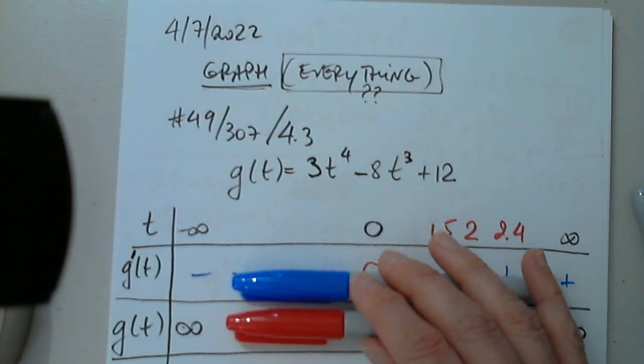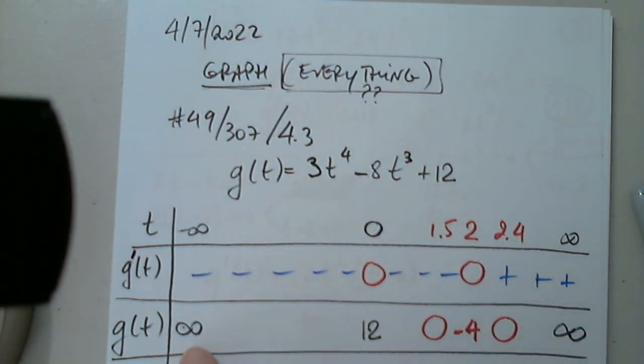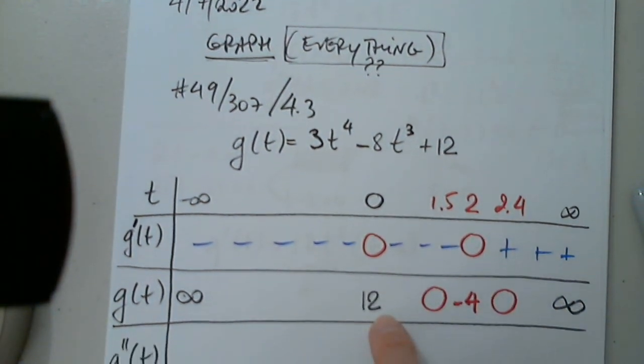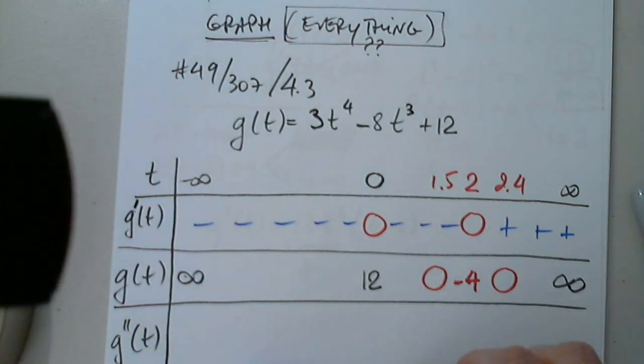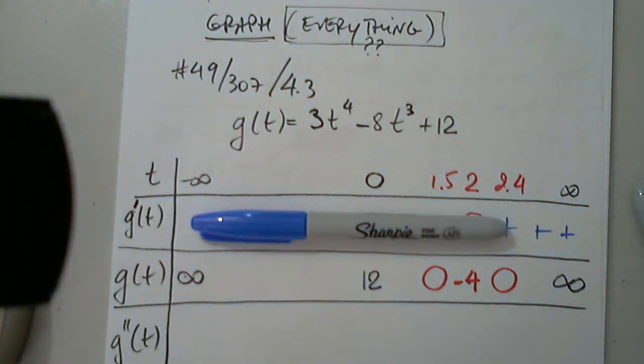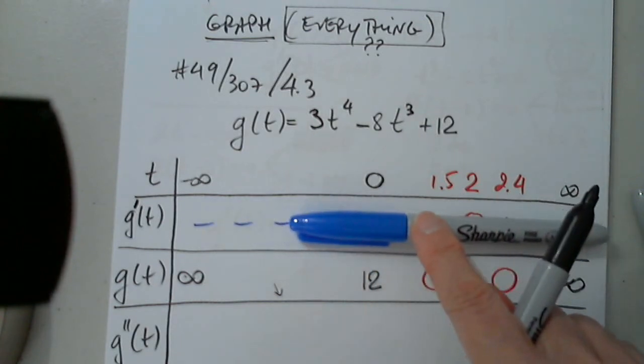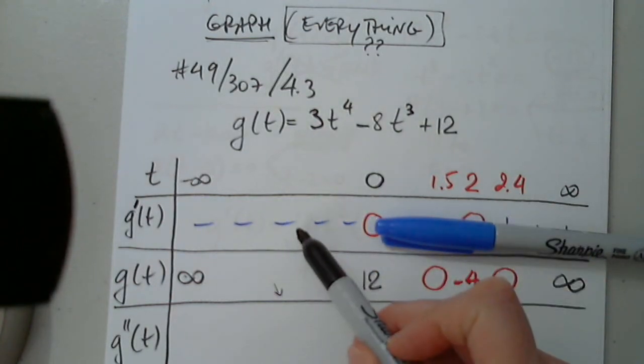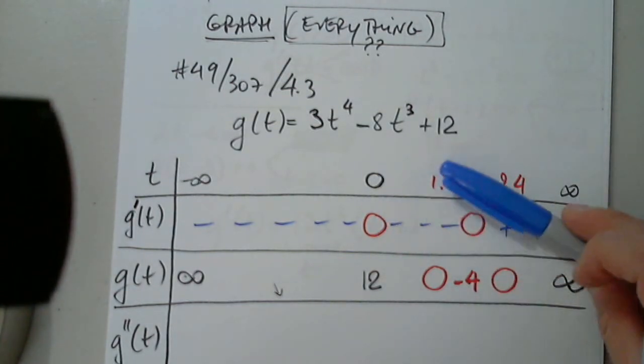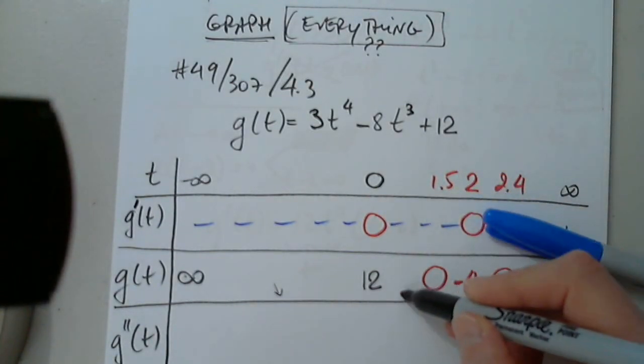So now let's see what we have here. From negative infinity to 2, what does the function do? Decrease. Very good. Is that supported by the sign of the first derivative? Yeah. Perfect. From 2 to 0, what does the function do?